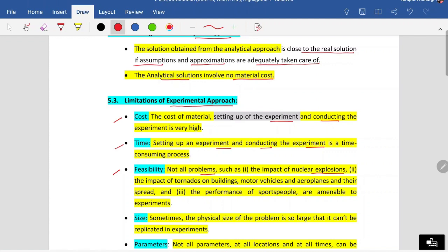Right? So that is the problem here. Again, if you talk about the tornado's effect on buildings, motor vehicles, aeroplanes, suppose some tornado is coming and you want to find its effect on buildings, aeroplanes or motor vehicles, you can't produce a tornado on your own.